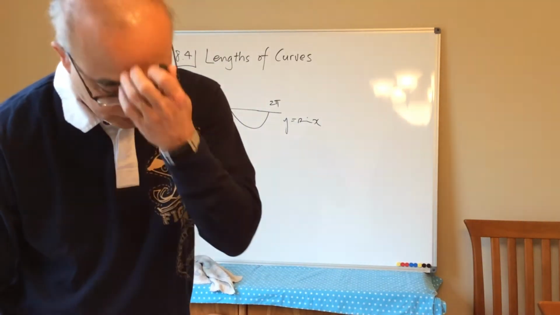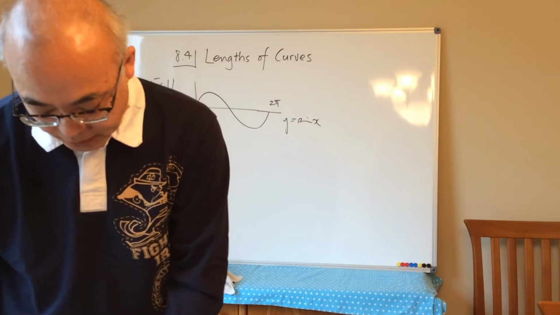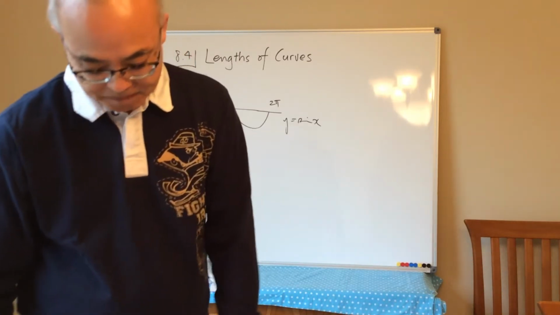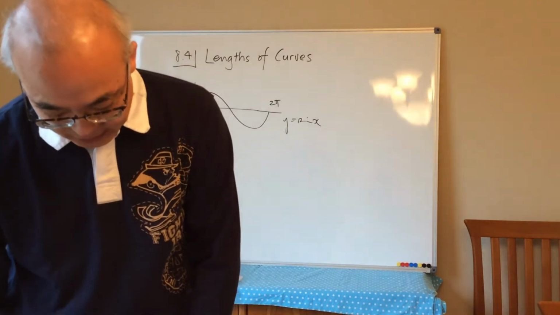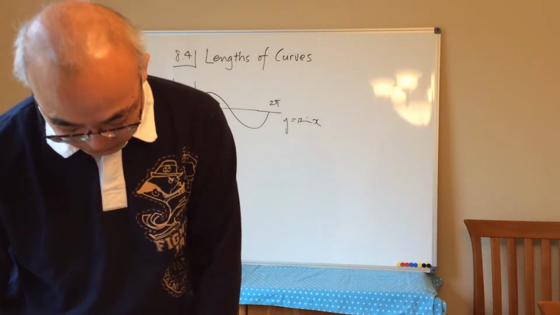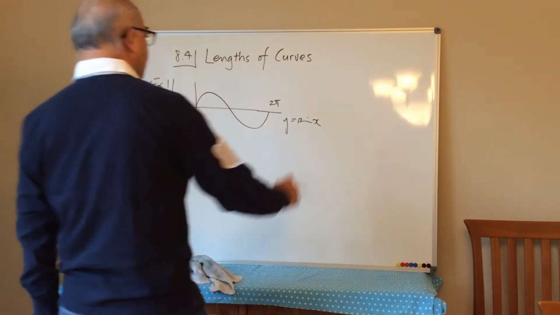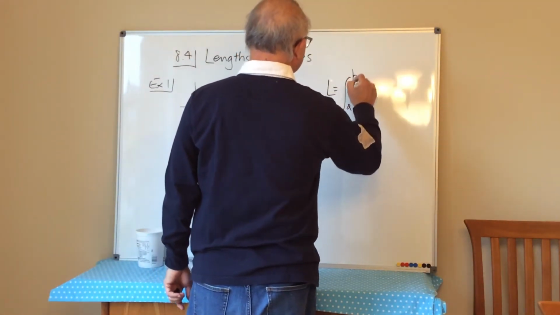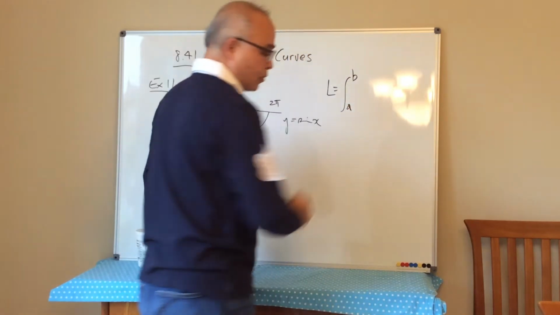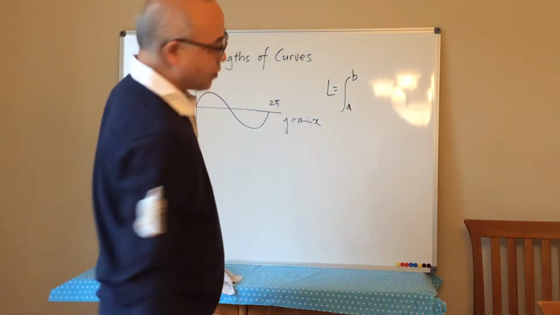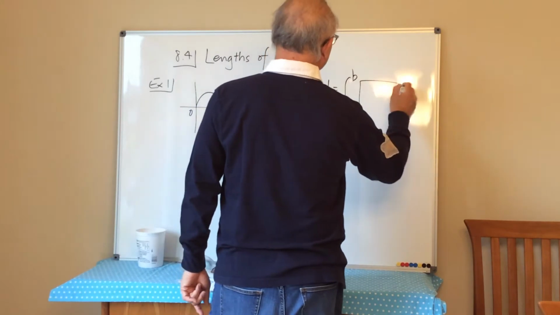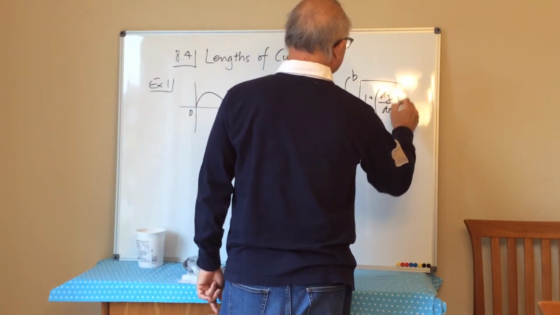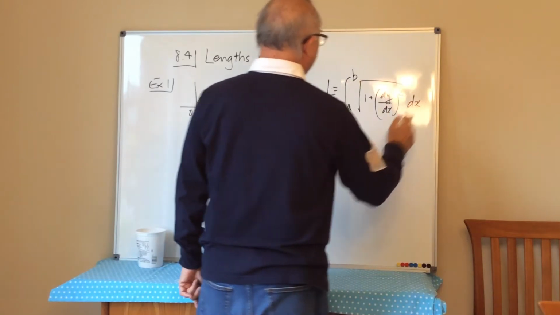If you look at the actual equation on page 421, it gives you a definition at the bottom of the green box: arc length, the length of a smooth curve. The arc length from A to B is the integral of the square root of 1 plus (dy/dx) squared, dx.